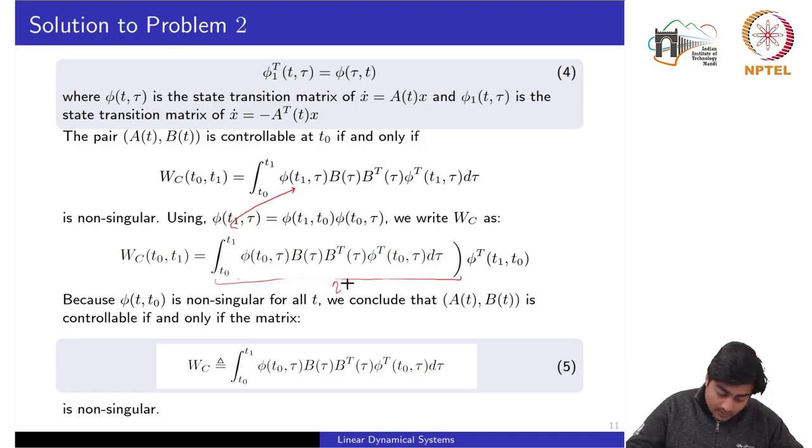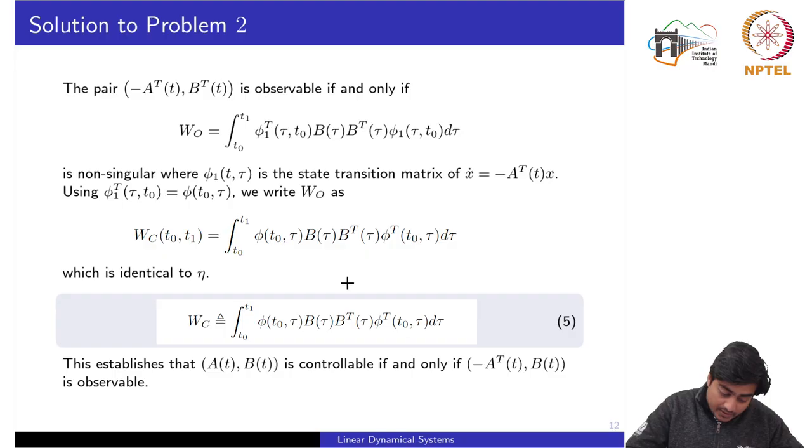Okay. Now coming to the observability Gramian of this pair, and using the relationship which we obtained in equation 4, I can replace all these phi 1 by this phi with the time reversal, of course. So directly by replacing phi 1 by the phi's, we obtain this W, which is nothing but equal to eta actually.